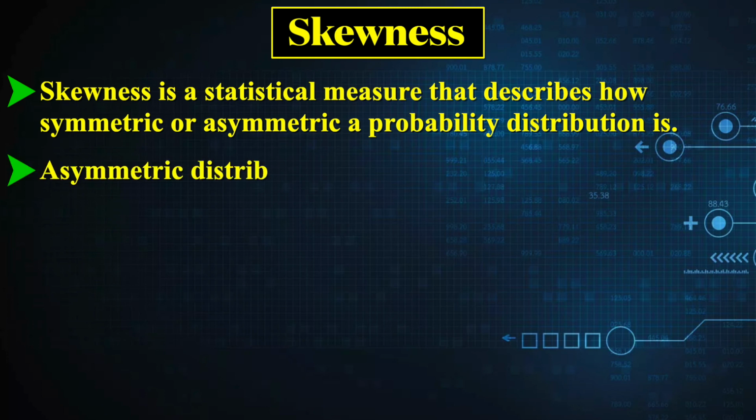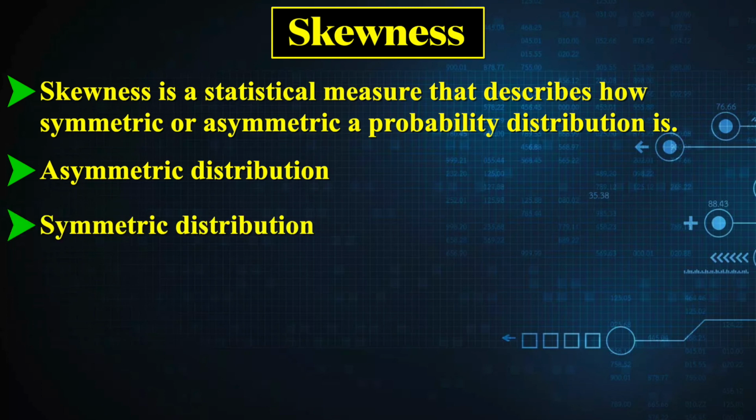A symmetric distribution is one that has the same shape on both sides of the mean, such as a normal distribution, whereas an asymmetric distribution is one that has more values on one side of the mean and on the other side there are not so many values. So for example, a log normal distribution is an asymmetric distribution.